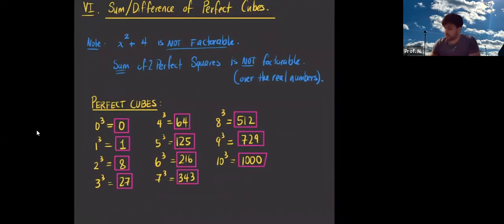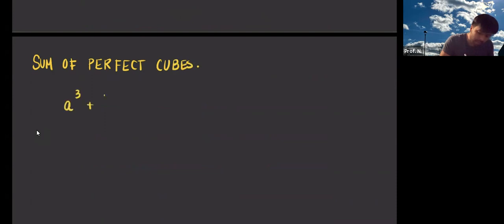Now, I'm going to give you the formula for the sum of perfect cubes. It is the following: a cubed plus b cubed. So we have the sum of perfect cubes.